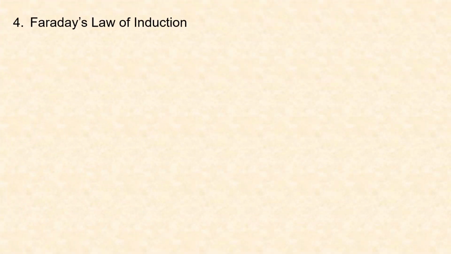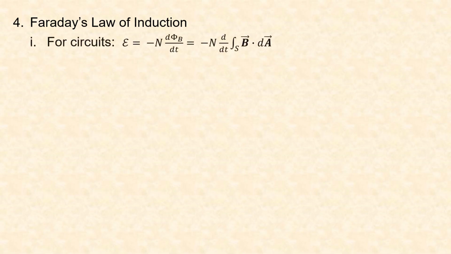And finally, we'll provide a statement of Faraday's law using this more general concept of an induced electric field as opposed to an induced current. So for circuits, Faraday's law took on the following form, telling us that when the magnetic flux through the interior of the circuit changes in time, an EMF and thus current are induced in the circuit.